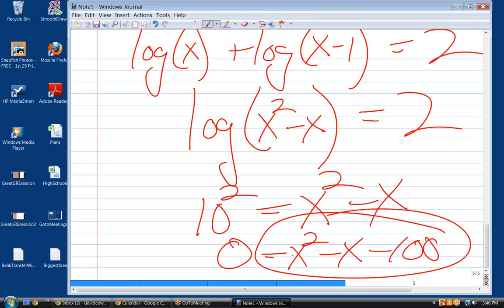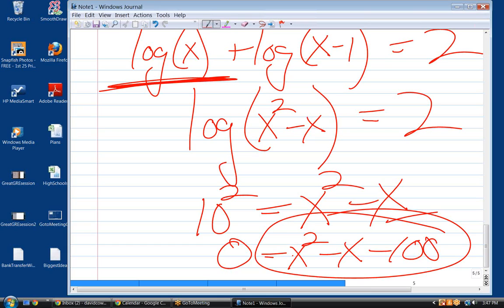The difference is that you're going to have two solutions for that, right? Yep. One's positive, one's negative. The negative one doesn't work because it violates the domain. So when you use a quadratic to solve a logarithmic equation, you almost always have one extraneous solution.